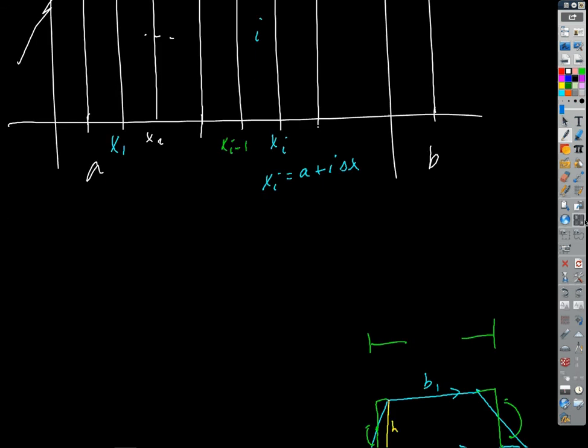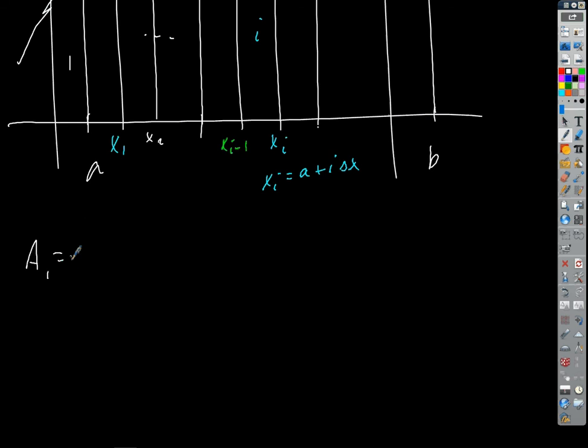What's the area of trapezoid number 1 going to be? We're just going to make a list. So a sub 1 is going to be, we'll just call it delta x, which is just the width of our interval divided by the number of trapezoids we make, right? For now, we'll just call it delta x. We can always plug in values later for that.